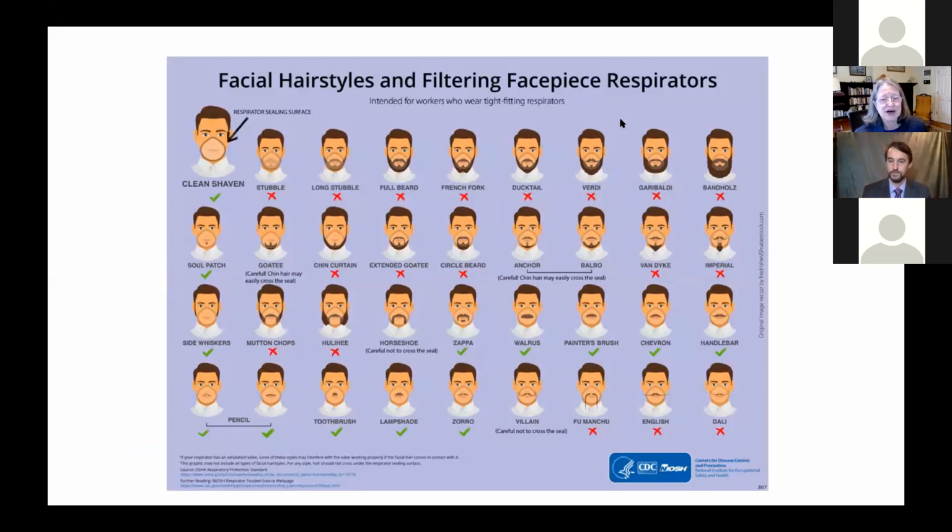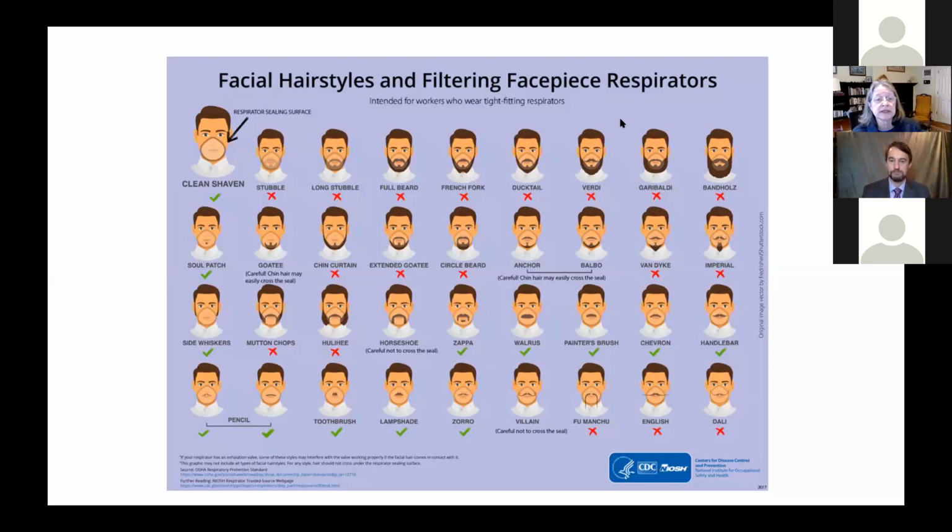I understand in talking that a lot of our surgical colleagues have recognized this, and there's a profusion of shaved faces going around the medical center, and I think that's terrific because for having a good fitting respirator, you need to have a good seal, and that doesn't happen if you have facial hair.